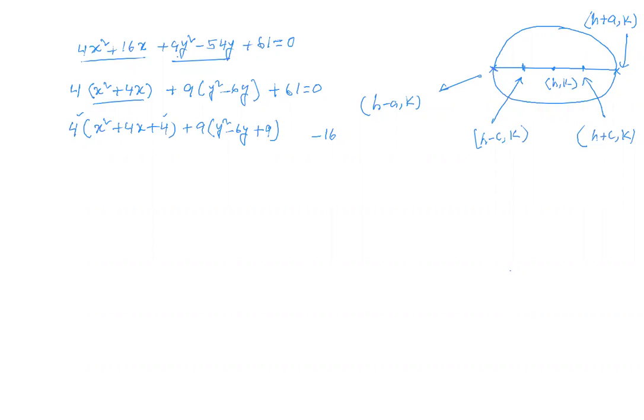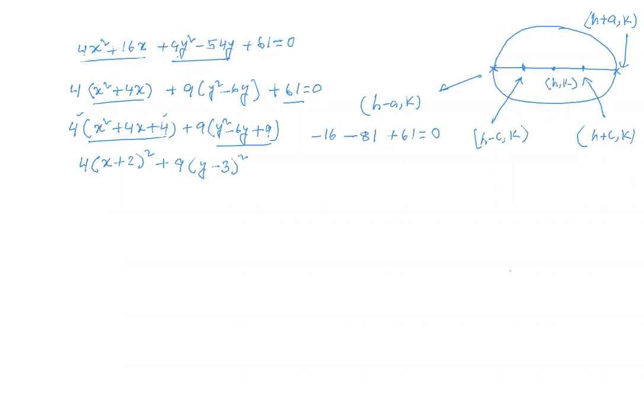This is going to be a perfect square inside the parentheses. So adding a 9 here is like adding 9 times 9, 81. So I'm going to subtract 81. And then don't forget this plus 61 here. So that is equal to 0. Now you have 4 times (x plus 2) whole square plus 9 times (y minus 3) whole square.